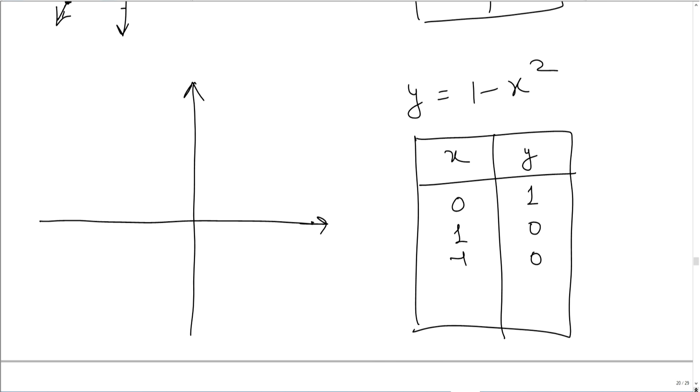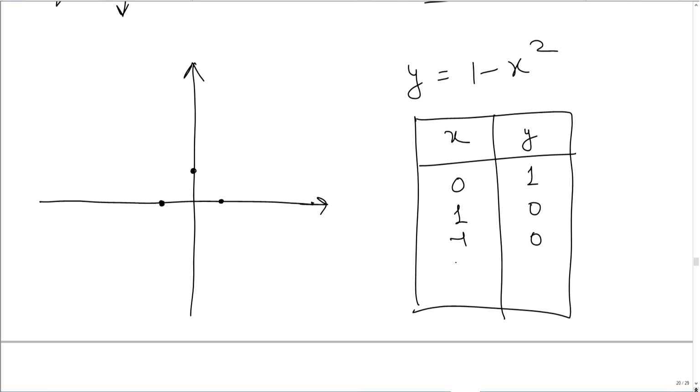So how does this graph behave? If we just draw these 3 points: at x equals 0, y is 1; at x equals 1, y is 0; at x equals minus 1, y is 0. So the 3 points are like this. Now let us try some large positive and large negative values of x.